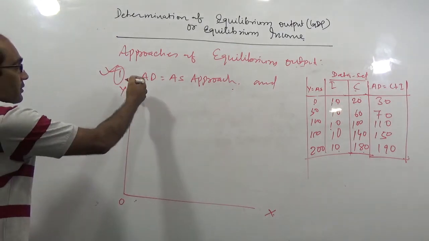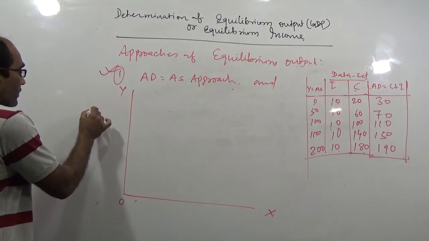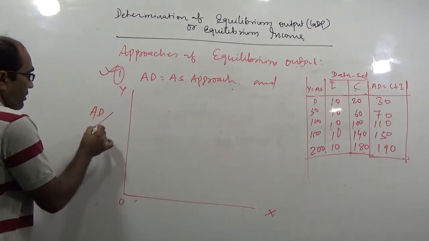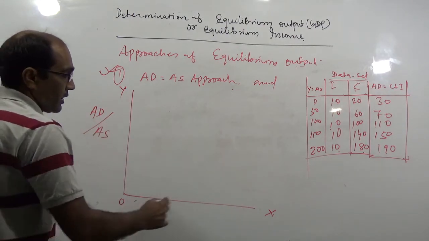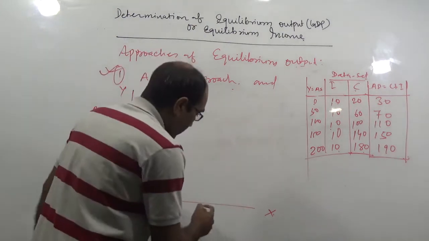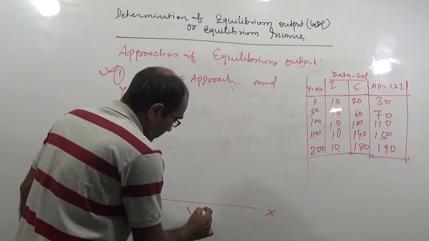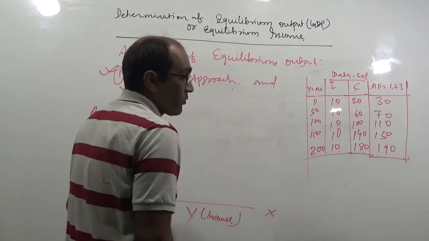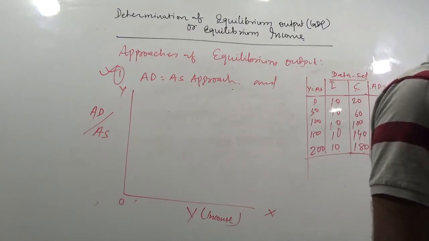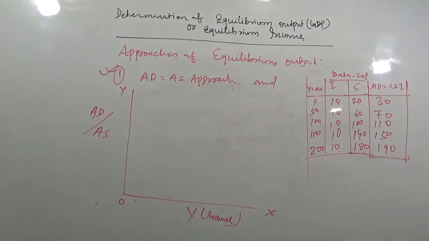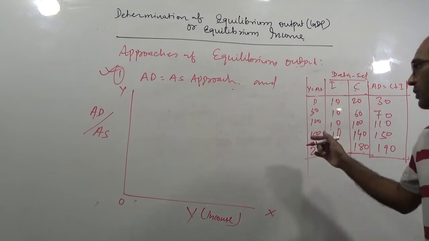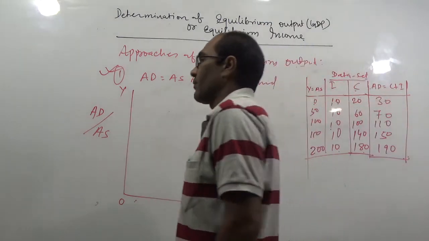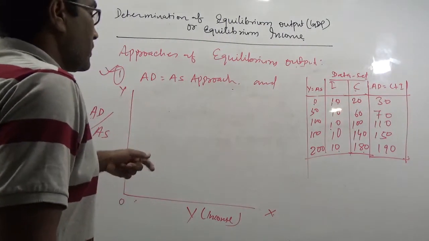Along the Y axis AD as well as AS, and along the X axis the level of income. See what the possibility is for a diagram when you plot the values.